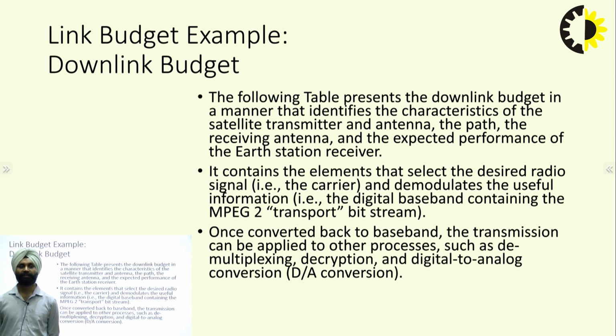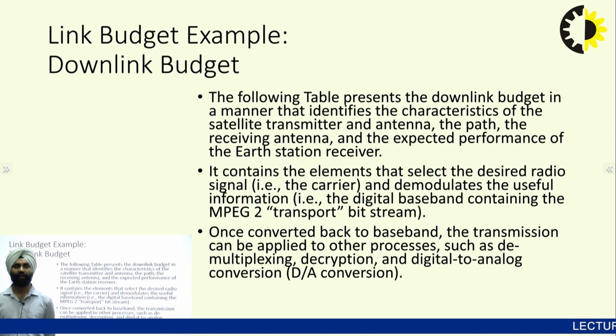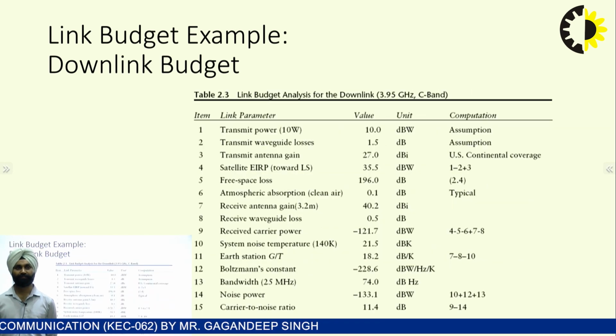It contains the elements that select the desired radio signal and demodulate the useful information, that is the baseband signal, for example the video signal. Once converted back to the baseband signal, the transmission can be applied to other processes such as demultiplexing, decryption, or digital to analog conversion.